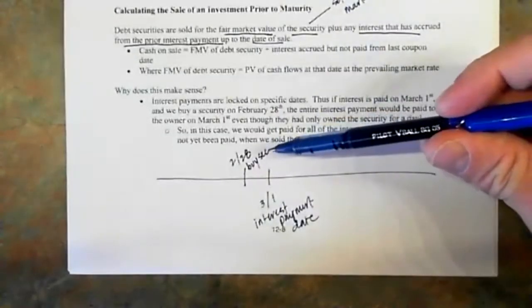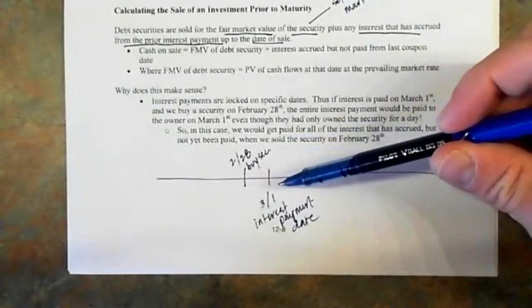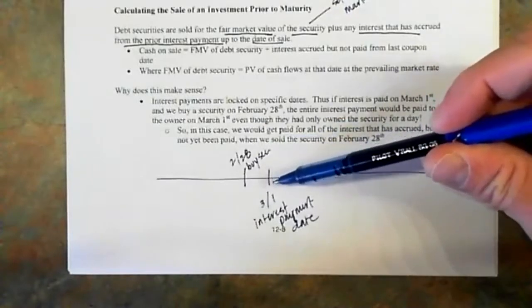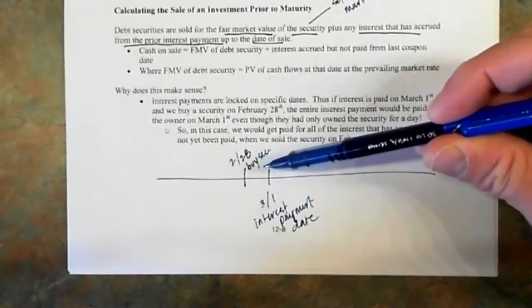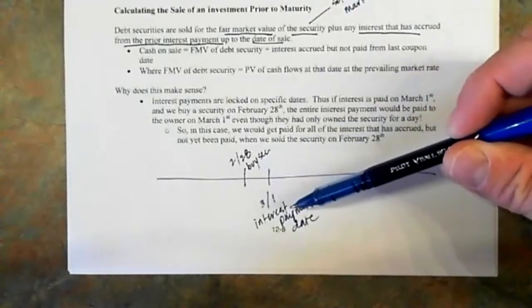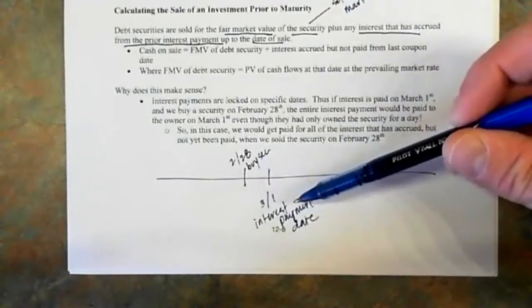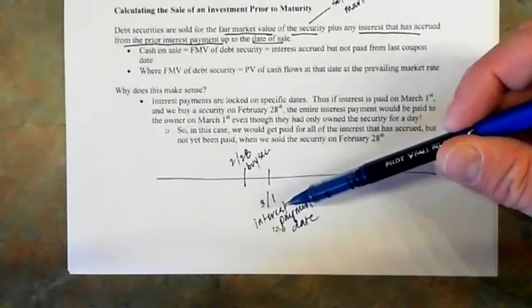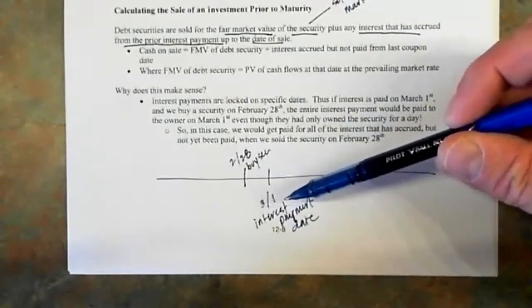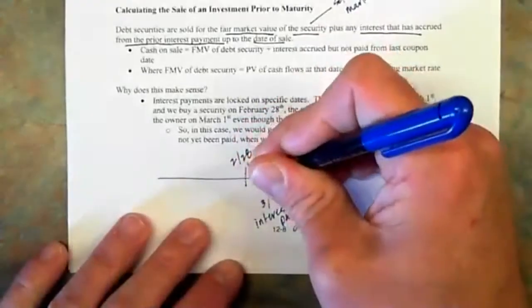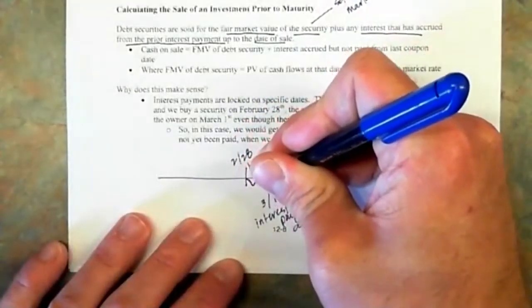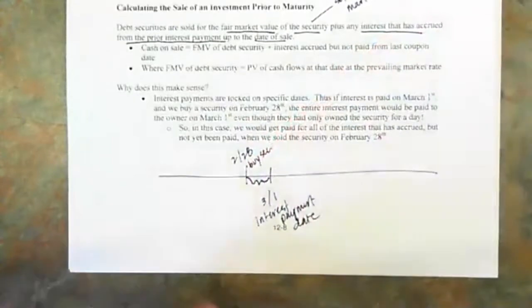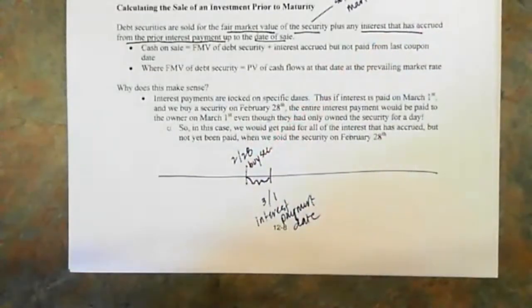So we buy a security on this date, and the interest is going to come to us, since we just bought this, the next day. The thing is, we are going to get a full interest payment on March 1st. Now, do we deserve that full interest payment? No. Really, we deserve the interest payment of 1 day.